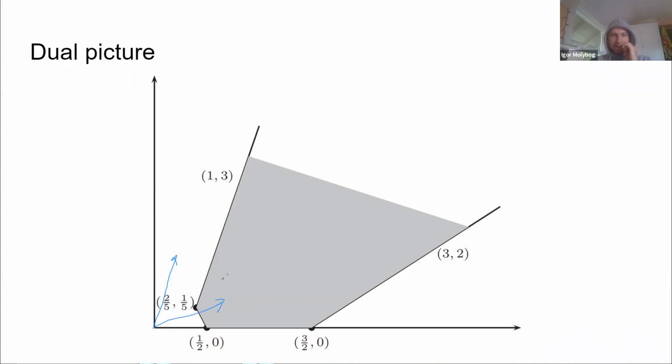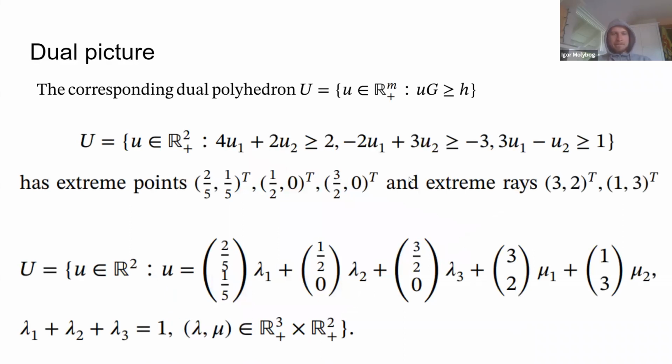And therefore, our set is this shadowed region, the capital U. Also, the same set can be rewritten in the following form, where we have the convex combination of our extreme points plus a conic combination of the extreme rays.